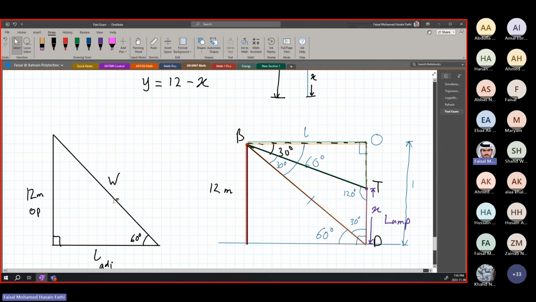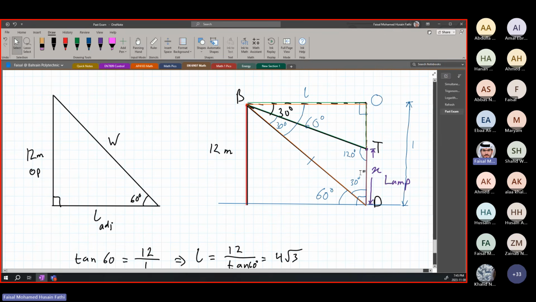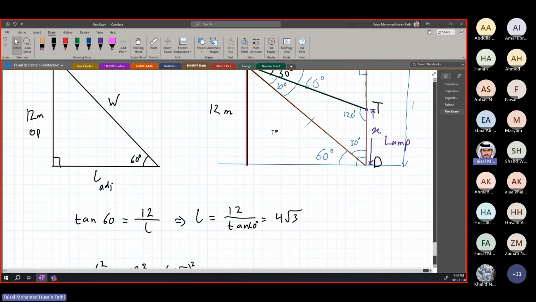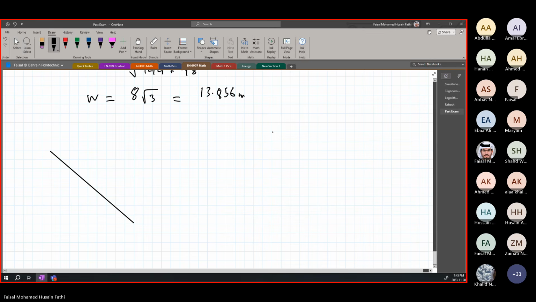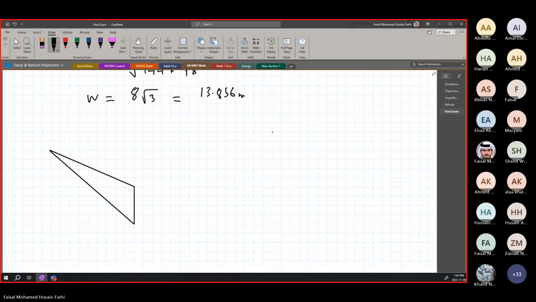After he found this w, he went back to the main figure again and used the triangle that is not a right triangle, but we have all the angles for. Alright, so he took this triangle. This is the w, which is 8 square root 3.